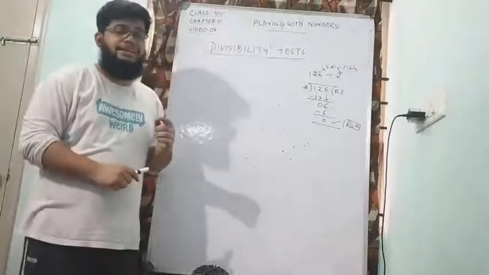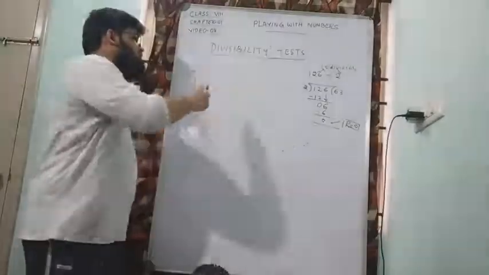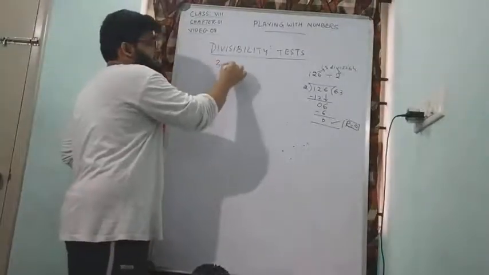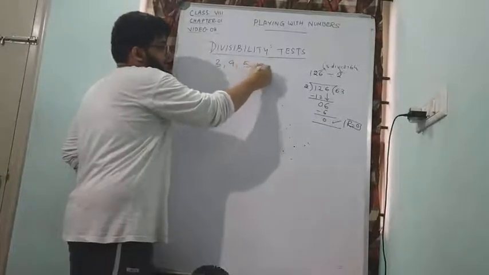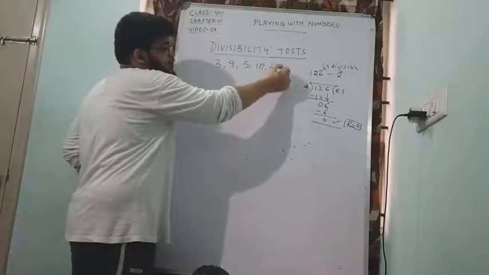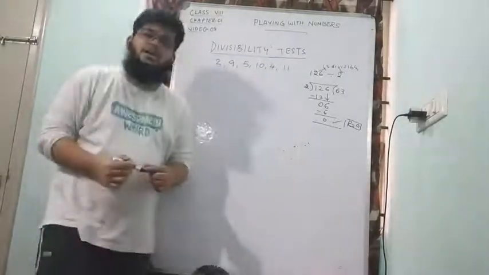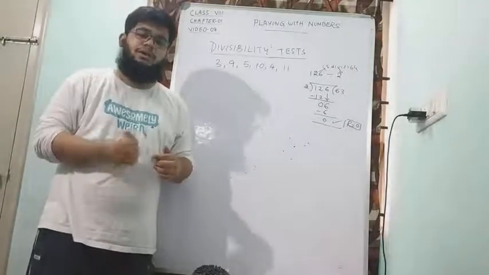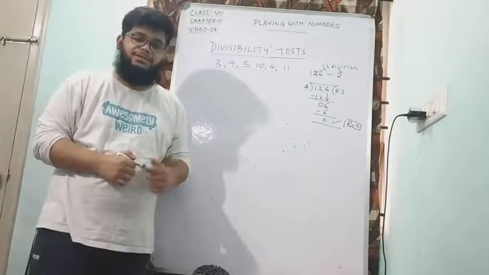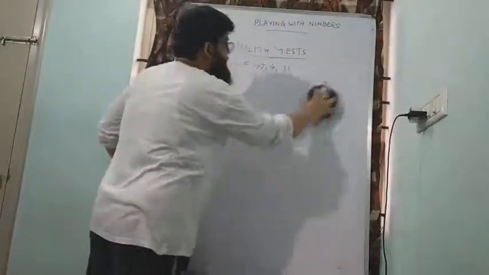We'll be learning divisibility tests for 3, 9, 5, 10, 4 and also 11. The rules are very simple. As and when I teach you one rule, it will be very interesting for you to understand. So without wasting much time, let us begin.